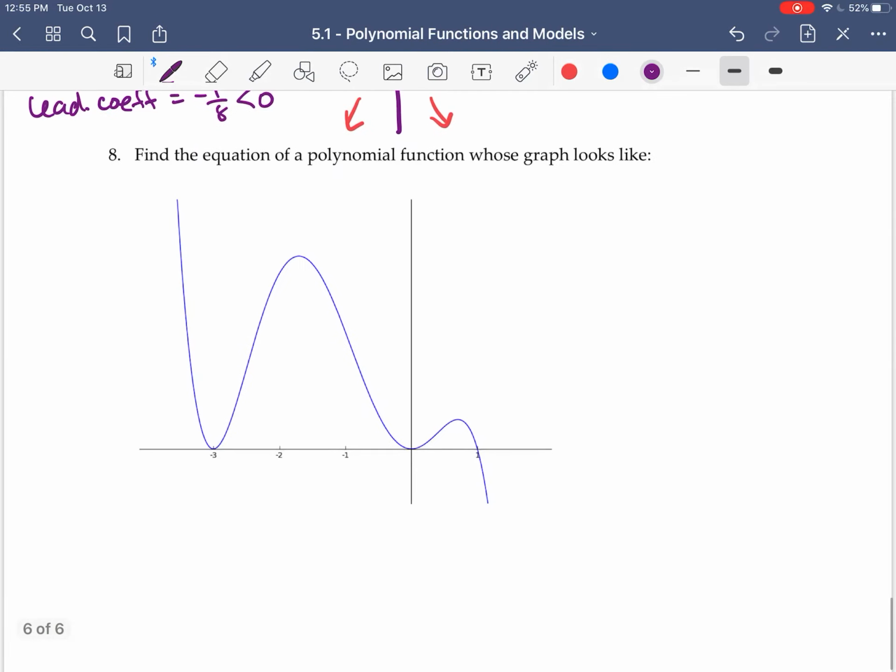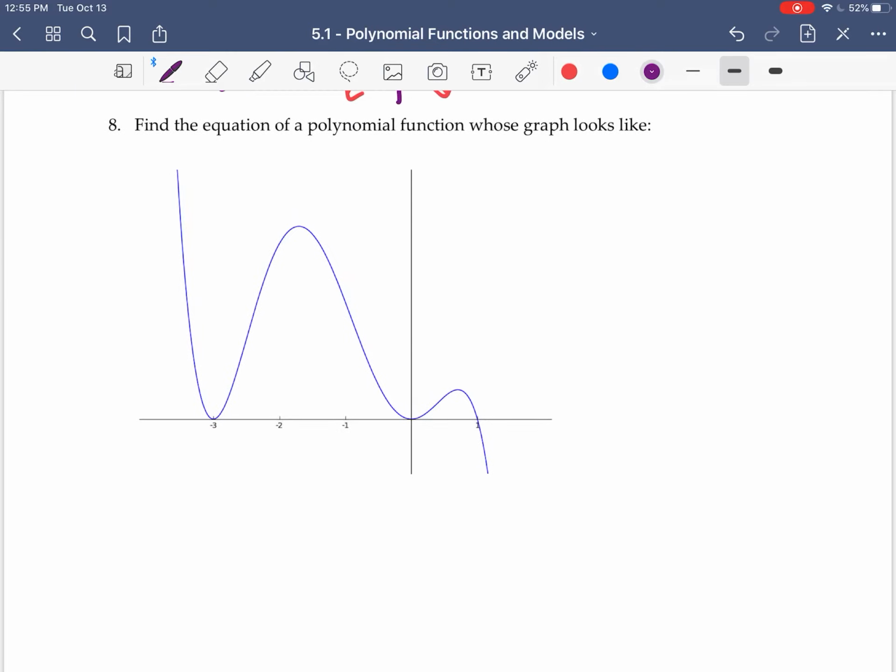So here we want the equation of a polynomial whose graph looks like this. Okay, so here notice I have an x-intercept at -3, 0, and it just touches. Okay, I have an x-intercept at 0, again, just touches. And then I have an x-intercept at 1, 0, and here it crosses.